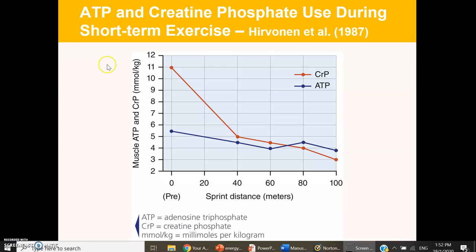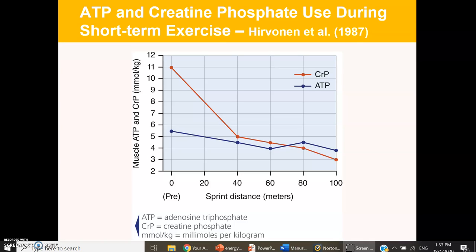The level of creatine phosphate, however, declined substantially throughout the high-intensity exercise, particularly within the first 5 seconds. That is approximately 40 meters here. Very low levels of creatine phosphate in the muscles are associated with muscle fatigue.